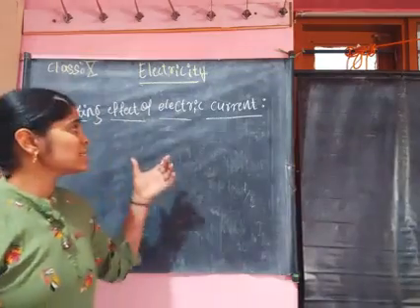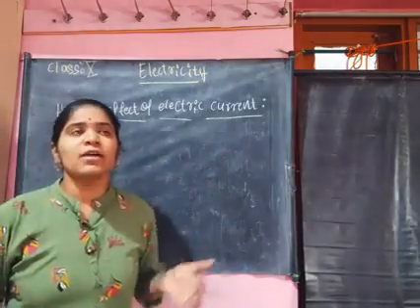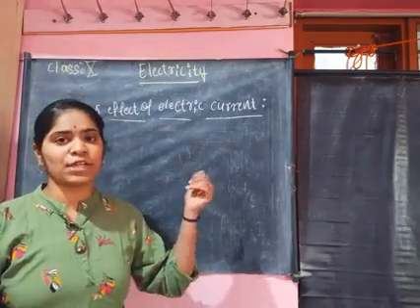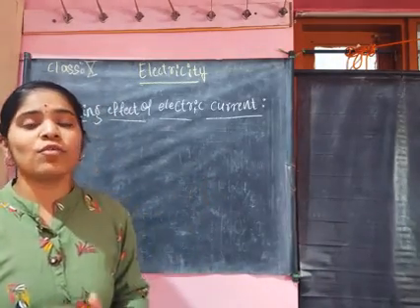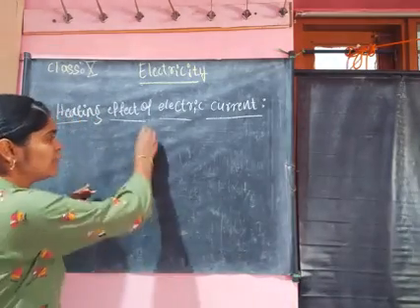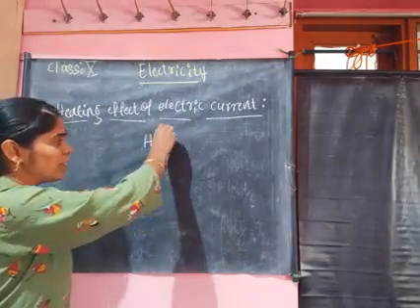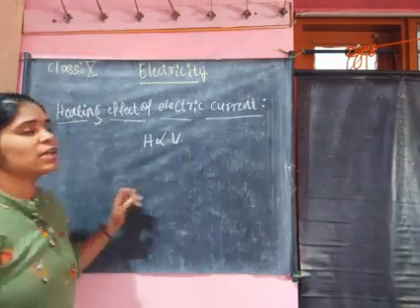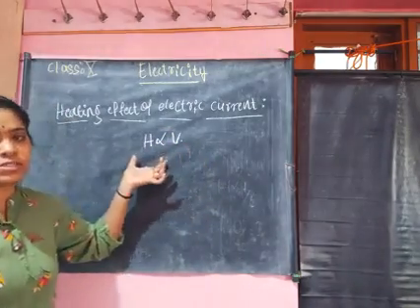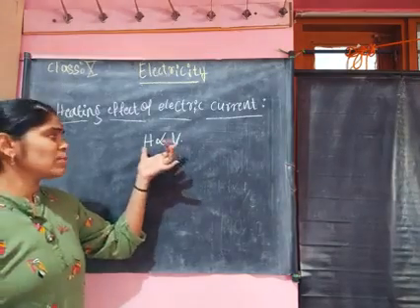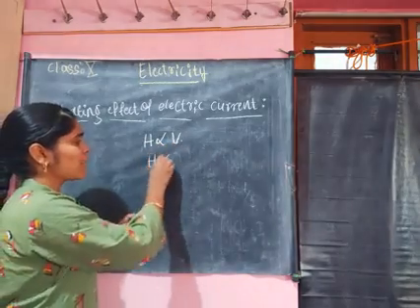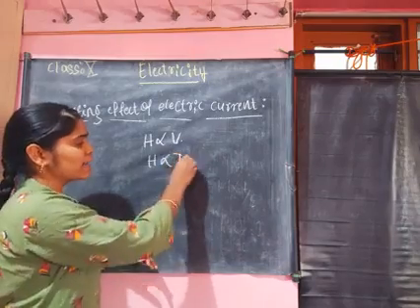On this heating effect of electric current, a scientist called Joule gave a law. What it states is that the heating effect is proportional to the potential difference in the electric circuit. How much potential difference there is, that is proportional to the heating effect. The heating effect is also proportional to the electric current.